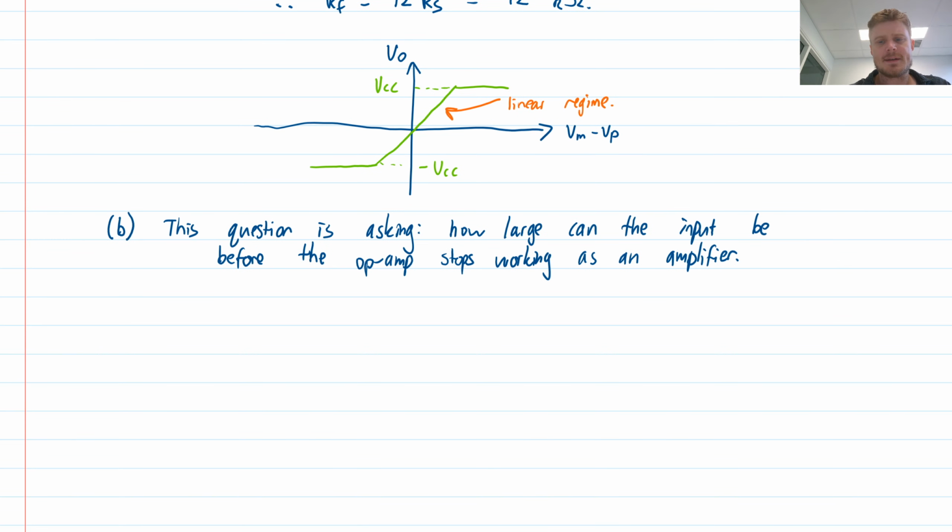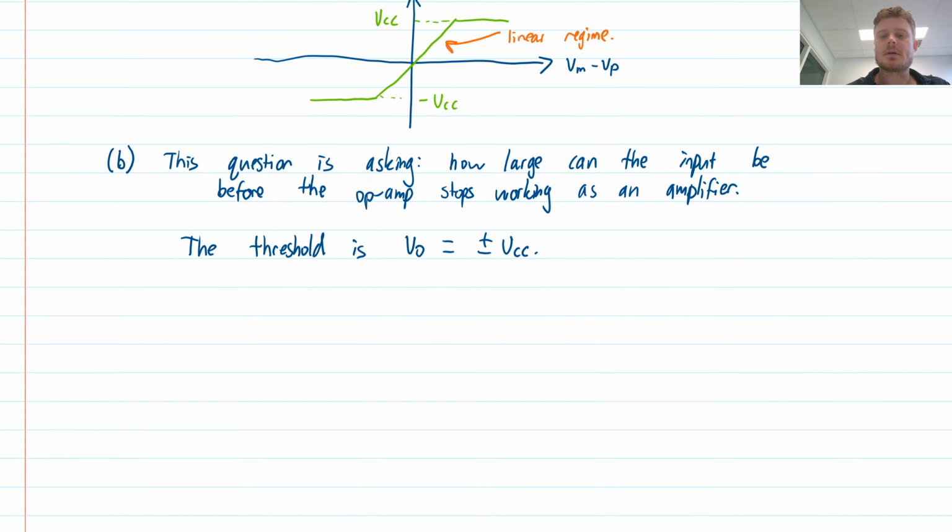The way that we analyze that, the critical threshold is output voltage equals VCC. So the threshold is V out equals plus minus VCC.